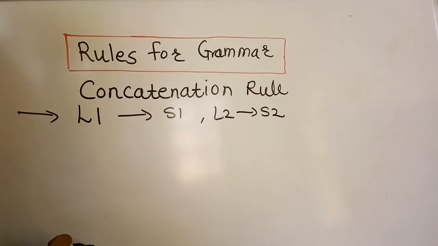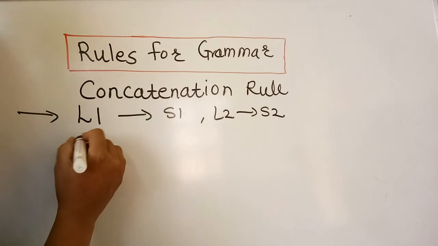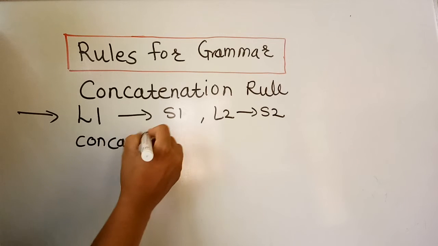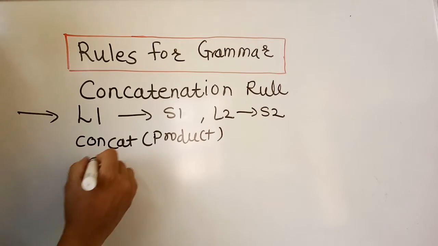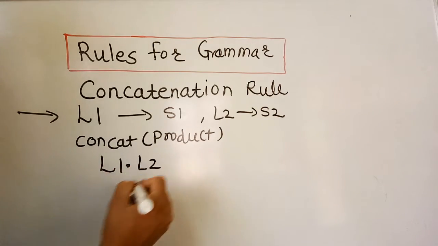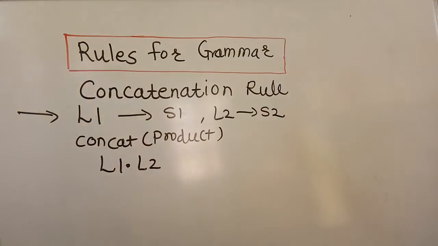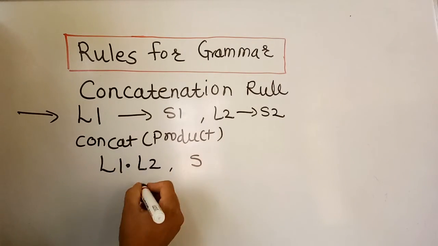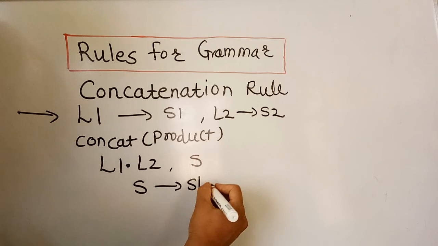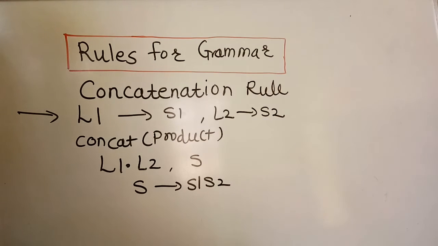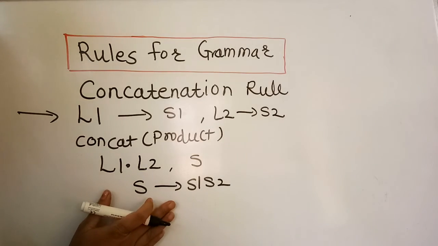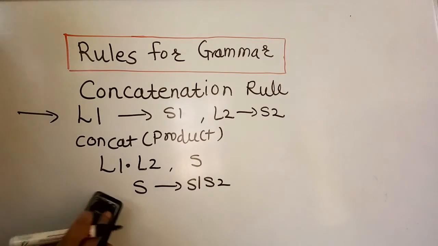Now, concatenation is nothing but the product of the languages. L1 dot L2 can be generated with the start symbol S, where S gives S1 S2, not with a slash but consecutively writing the two start symbols next to each other. So this is the rule for concatenation of languages.